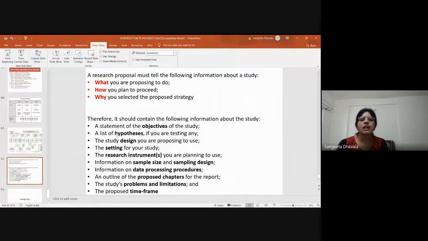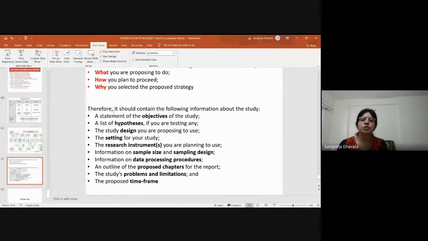Your research proposal should have the research question first, then the objectives laid out, the hypothesis, what is the research design you are following, what is the setting for your study, what are the research instruments you are using, what is the sample size, or from whom are you going to collect your data, and what is the kind of sampling design you are using.